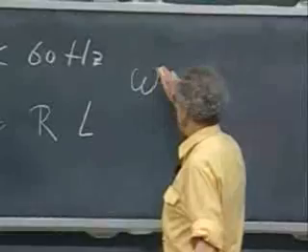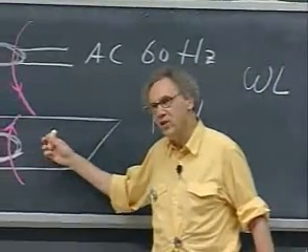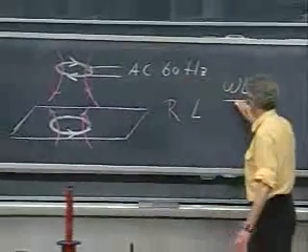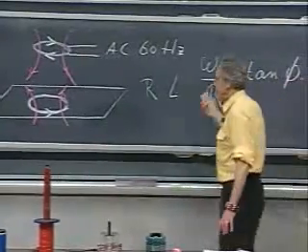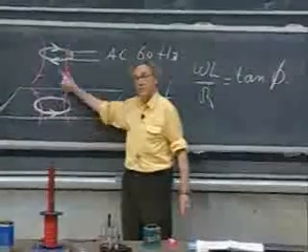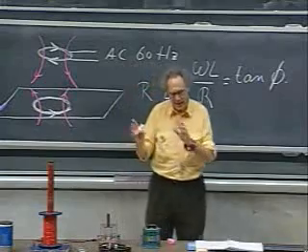And so in this conductor, the induced current is delayed by a phase angle, given by this equation, relative to the induced EMF. The EMF is immediately coupled to what this coil is doing, but the induced current is delayed.